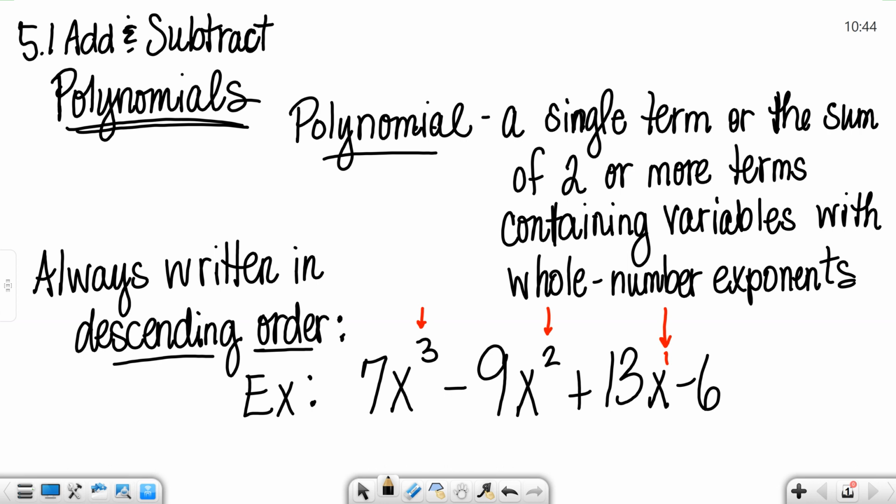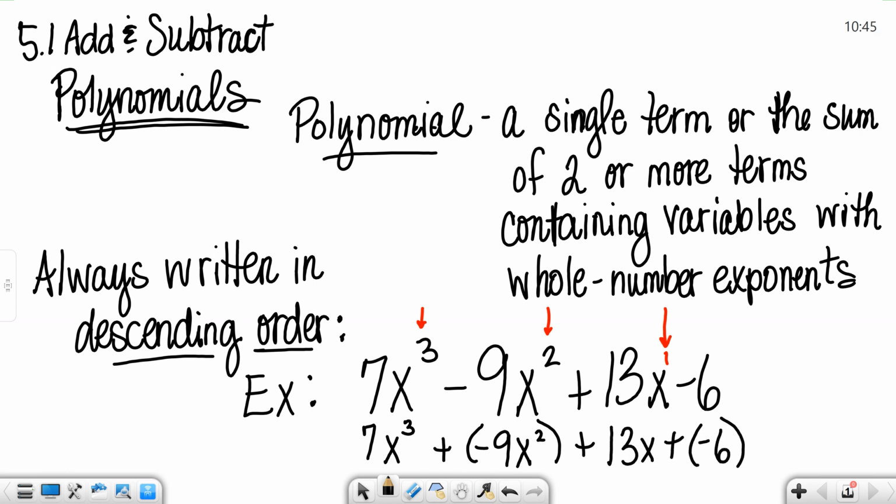Now, if I want to actually do what that says and simplify that polynomial, that's where we're headed. Before we get to simplifying, I want to think of this as 7x cubed, and I'm going to change this minus to a plus just for a moment. I know that some students prefer to write theirs all as addition.